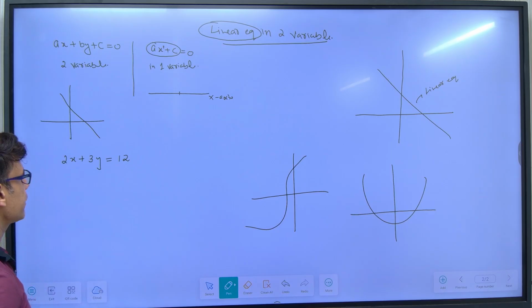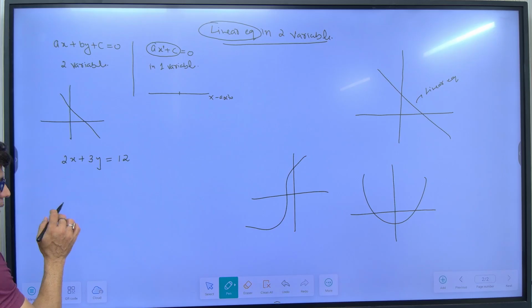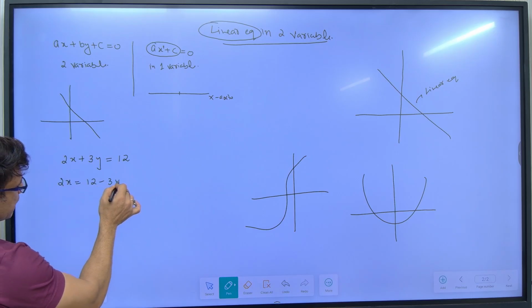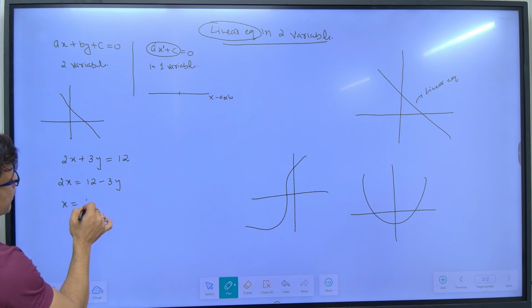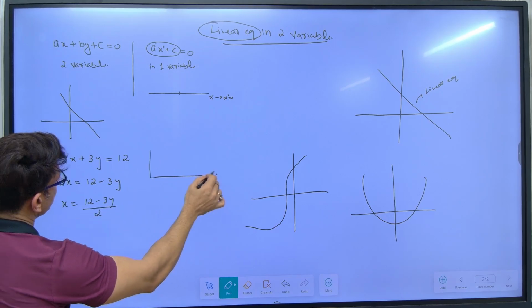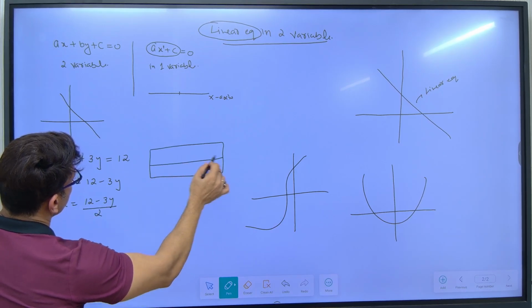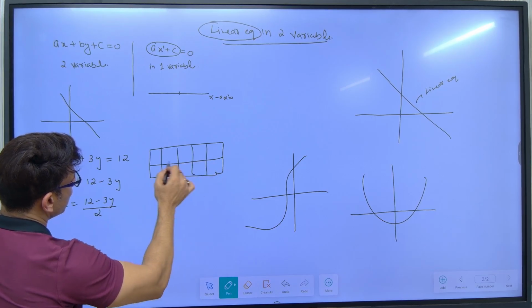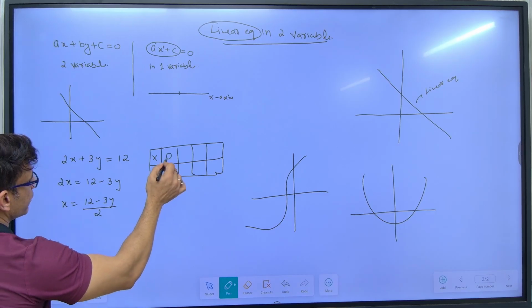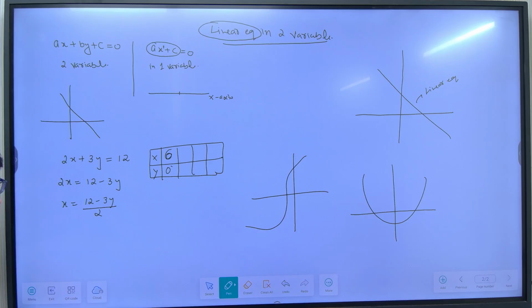How many solutions for this exist? Infinite. Very good. If I write, let's say 2x is equal to 12 minus 3y, x is equal to what? 12 minus 3y by 2. So every time I put some value of y, let's say if I put y is equal to 0, so x is equal to what? 6.